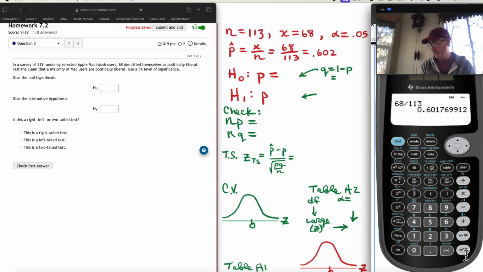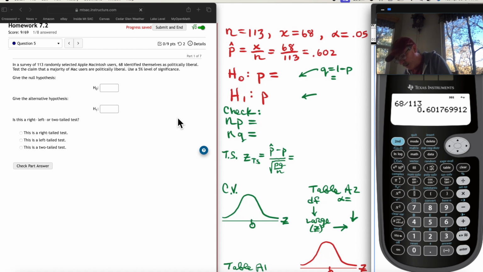Then for the null hypothesis and alternative hypothesis, it says here that a majority of Mac users are politically liberal, and a majority just means more than 50%. So for the alternative hypothesis, we're saying that more than 50% is the proportion of Mac users who are politically liberal. And that means in the null hypothesis, we'll say that p is just equal to 0.50. Notice this H1 here is pointing to the right, so to the right means a right-tailed test.